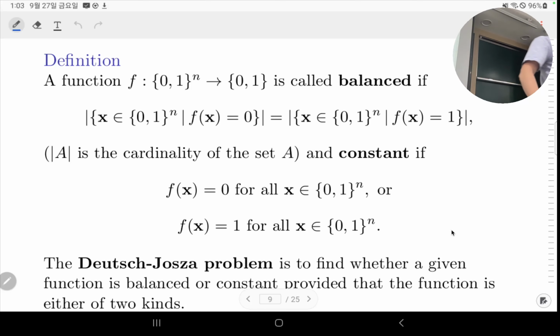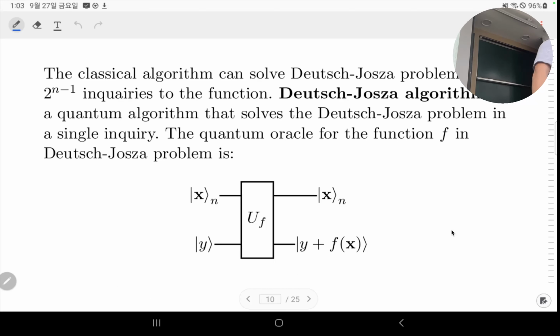When you use the classical algorithm, you need to query the function at least 2 to the n minus 1 times plus 1 in order to find out, for the worst case scenario. But when you use the quantum circuit and quantum algorithm, you can find whether it's balanced or constant by a single query.